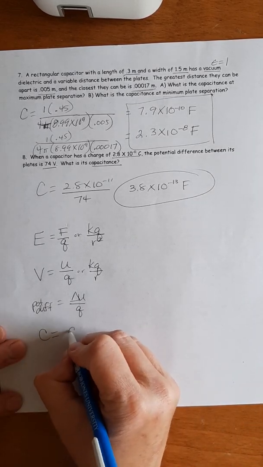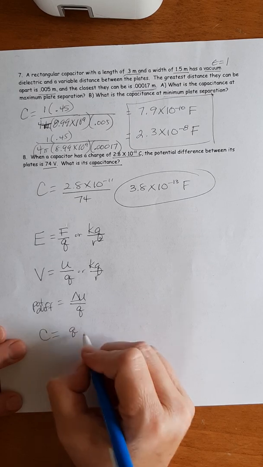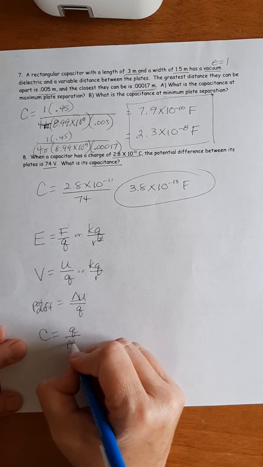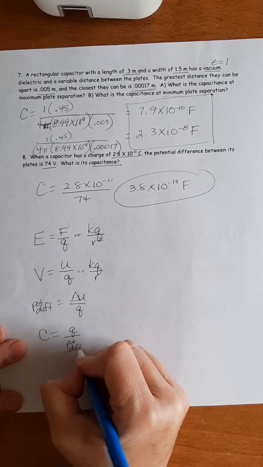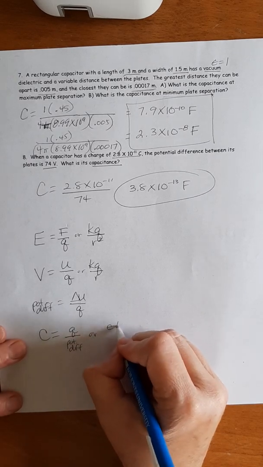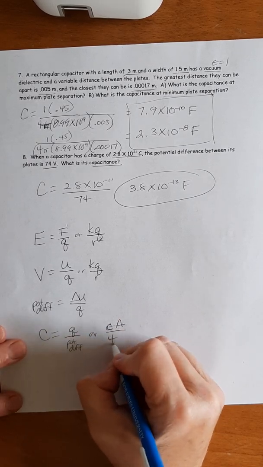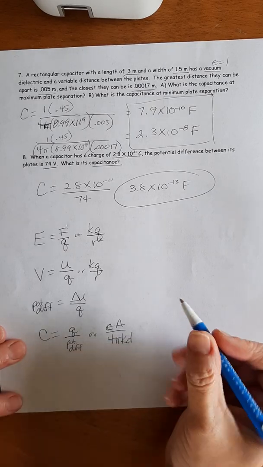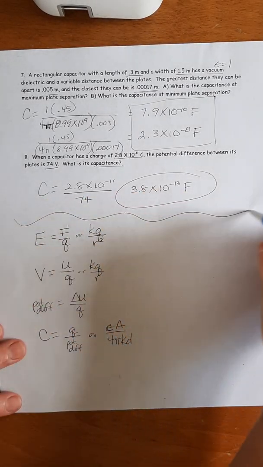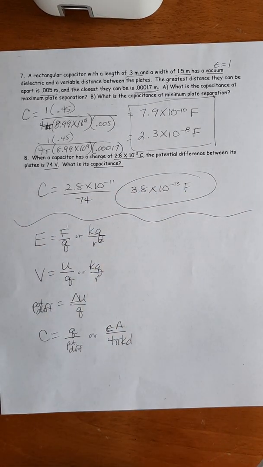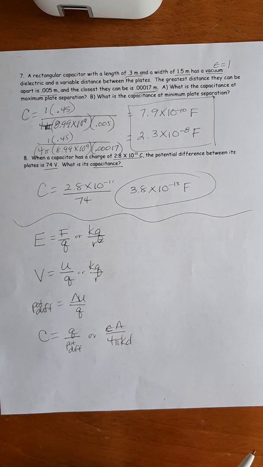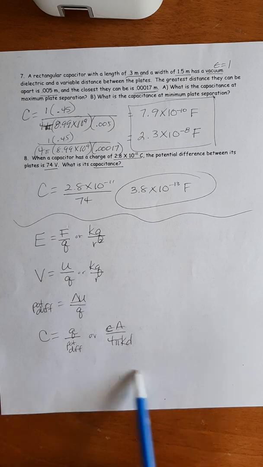Capacitance is charge over potential difference, or epsilon area over 4 pi k d. So something like that is what I would provide for you. No units, no description of what the variables are, but I would provide that for you.